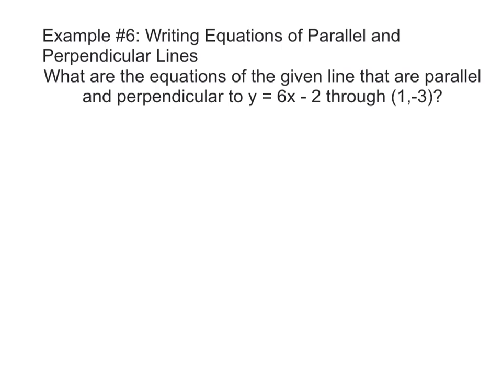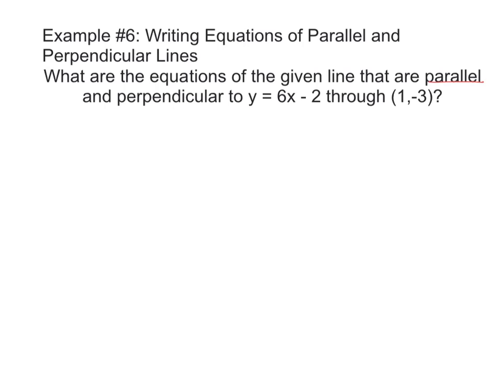Okay, so in example 6, it says, what are the equations of the given line that are parallel and perpendicular to y equals 6x minus 2 through 1, negative 3? I would like to start with parallel lines first, because with parallel lines, we know one thing for sure, and we know that your slopes are the same.